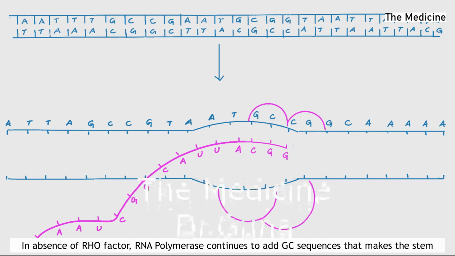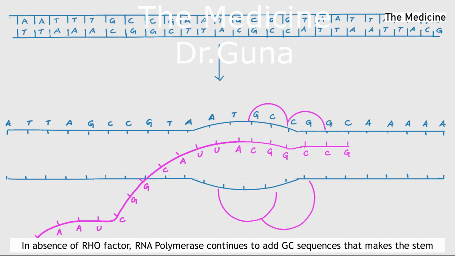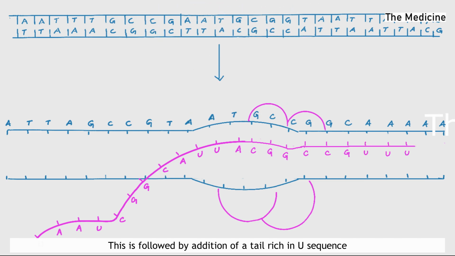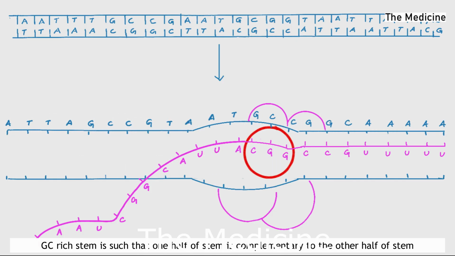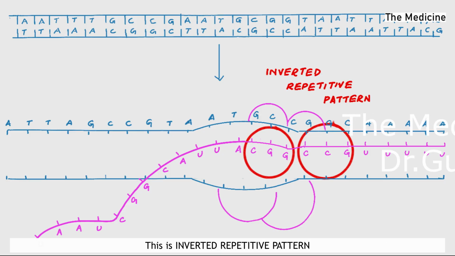Now let's see rho-independent termination. In the absence of rho factor, RNA polymerase continues to add GC sequences that make the stem. This is followed by addition of a tail rich in U sequence. GC rich stem is such that one half of stem is complementary to the other half of the stem. This is inverted repetitive pattern.